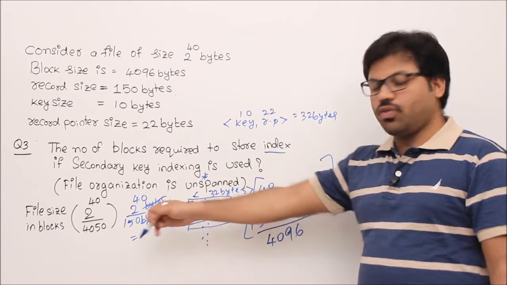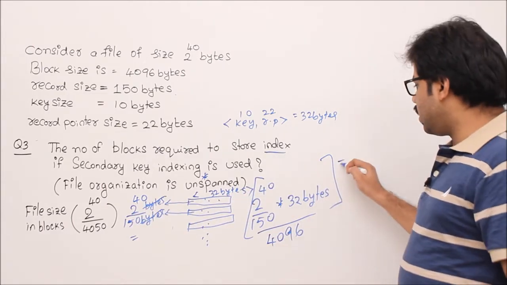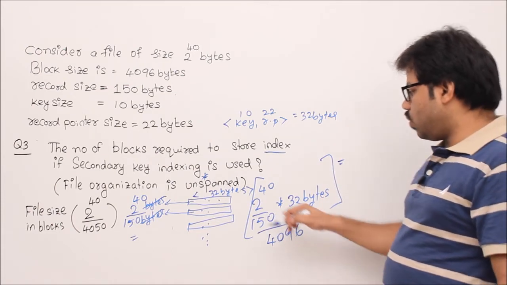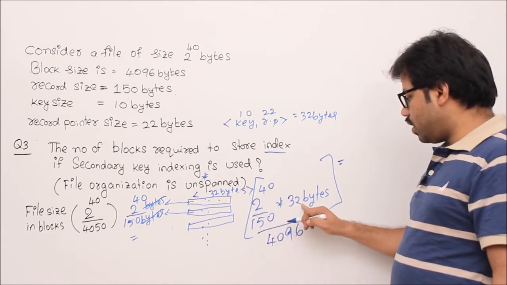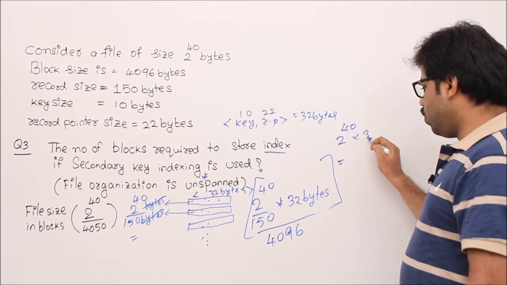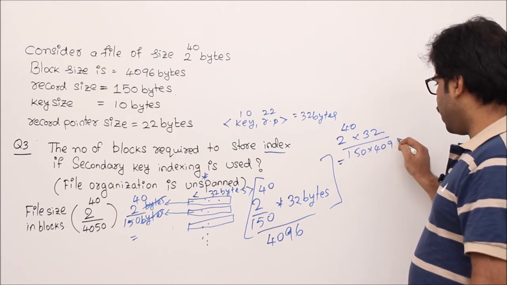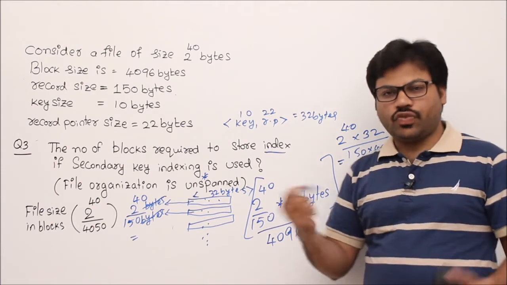Otherwise we would have got something like 4050 if you have some unused space. So that doesn't affect your problem. So finally 2 power 40 by 150 into 32 by 4096. The answer is 2 power 40 into 32 by 150 into 4096, whatever it is. So this is the index file size in blocks.